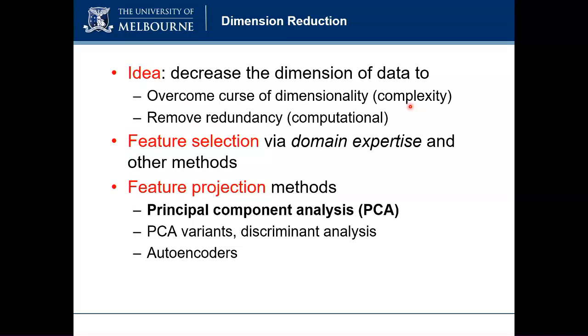And also, even if my algorithm can handle it, of course, it's desirable to remove redundancy and make it computationally simpler. If I can do it in 1 minute, why should I do it in 2 minutes? So the idea is that if I decrease the dimension of data, then I can overcome this curse of dimensionality and remove redundancy.